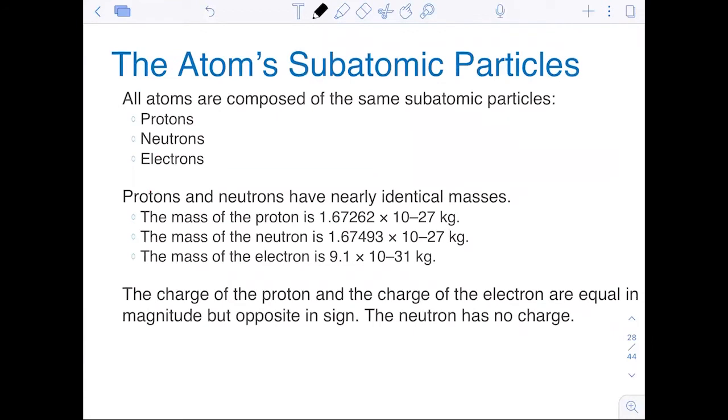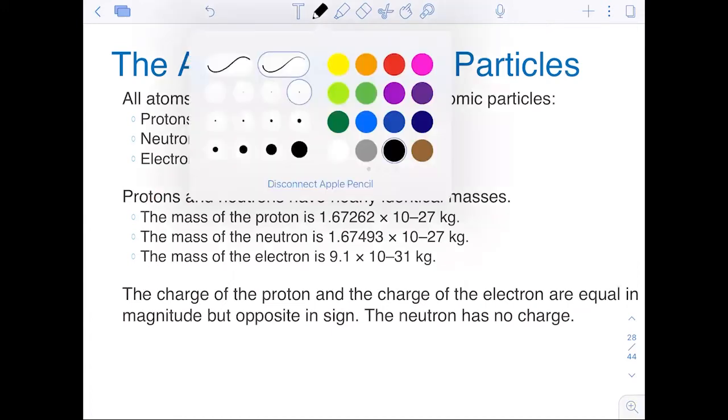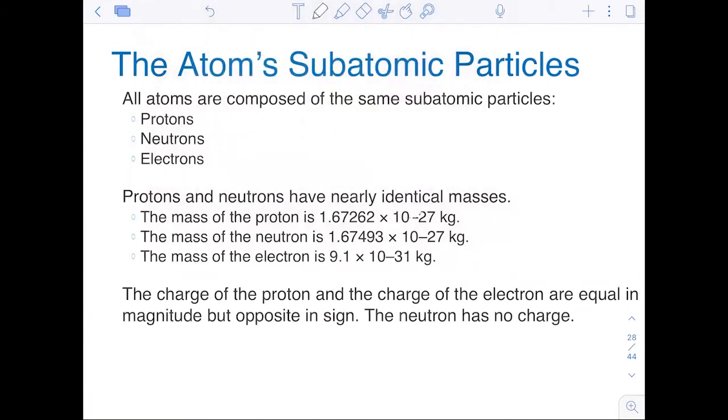So here we go. Atoms are protons, neutrons, and electrons. The mass of the proton is nearly consistent with that of the neutron. Let me just get those exponents up there: 1.67 times 10 to the negative 27 kilograms.